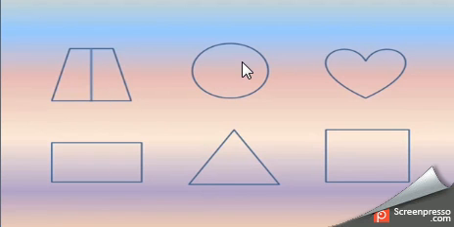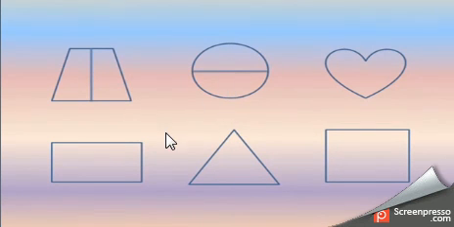Okay, what is this? This is a circle. When I want to draw a line segment dividing it into congruent parts, can I draw this line segment? Yes, mister, you can draw vertical. Can I draw horizontal? Yes, you can draw. Can I draw any line segment in the circle?